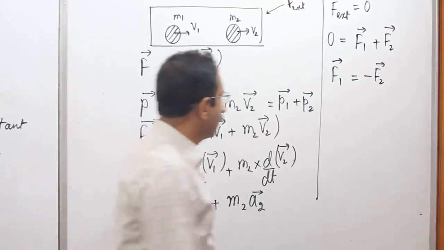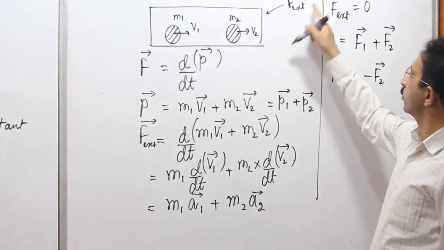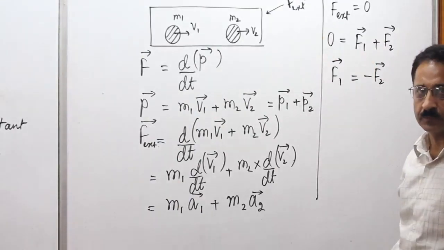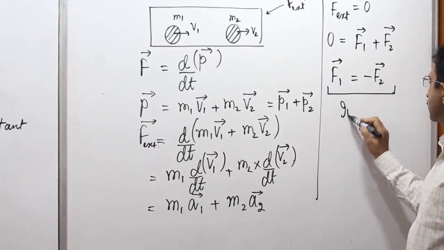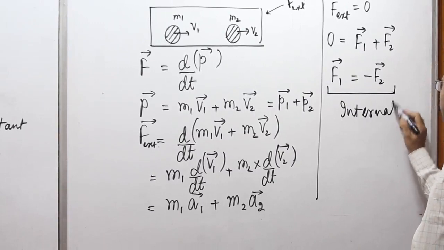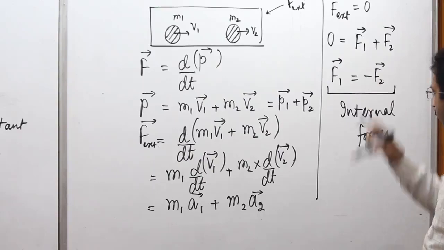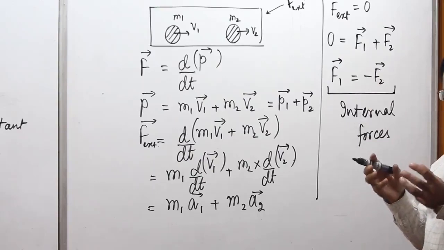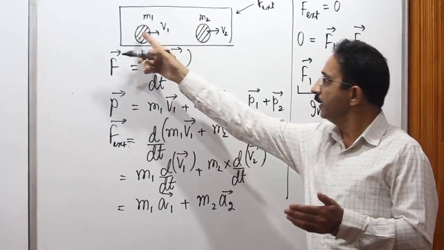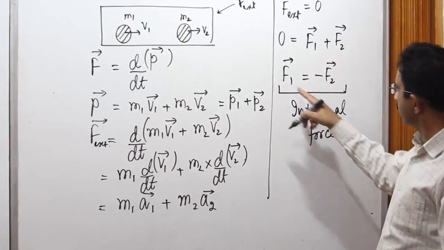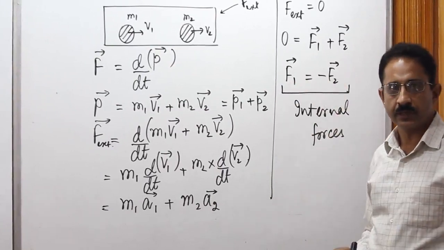About these forces, F1 and F2, we have to be clear कि अगर external force 0 है, फिर ये कौन से forces हैं? The only possibility is कि अगर external force 0 है, these must be some internal forces within the system. दोनों. And this equation indicates कि अगर ये दो internal forces हैं, एक body 2 पर act कर रहा है, m2 पर act कर रहा है, एक m1 पर act कर रहा है, तो इनका nature ऐसा होना चाहिए that they must be equal in magnitude but opposite in direction.